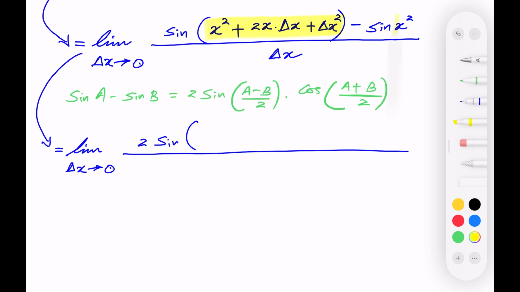Our b is x squared. So a minus b should be equal to x squared plus 2x times delta x plus delta x squared minus x squared. That means these two x squared terms will be gone. Therefore, that first term should be equal to just 2x times delta x plus delta x squared, and all of that should be divided by 2.